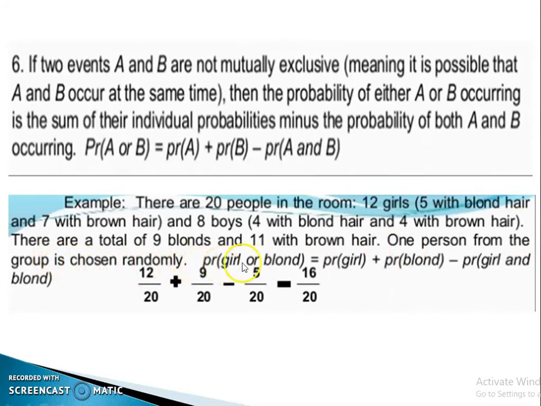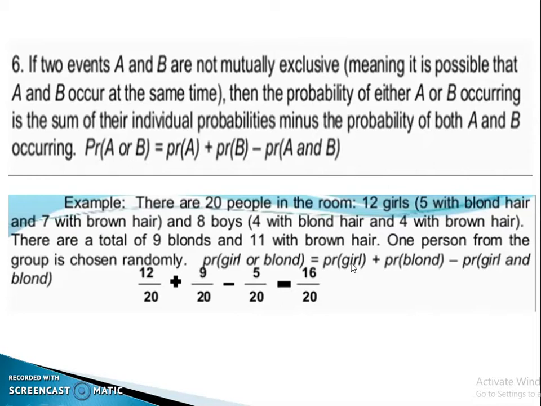Probability of a girl or blonde is equal to probability of girl plus probability of blonde minus probability of girl and blonde. Now probability of girl, as we know, is 12 out of 20, since there are 12 girls and total 20 people in the room.